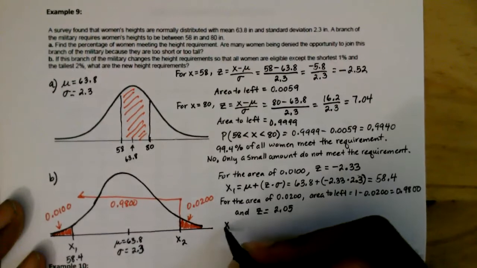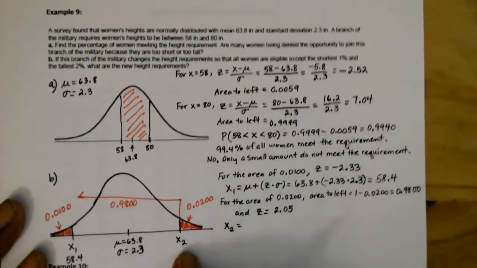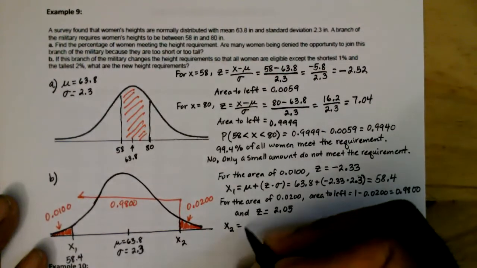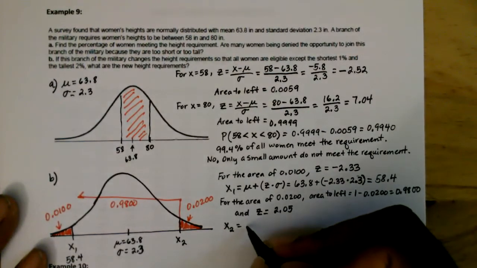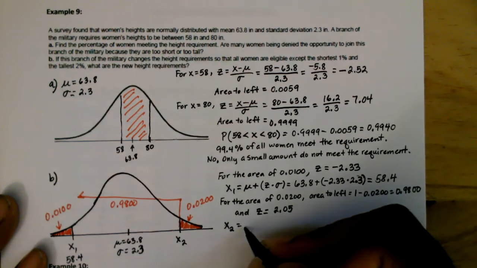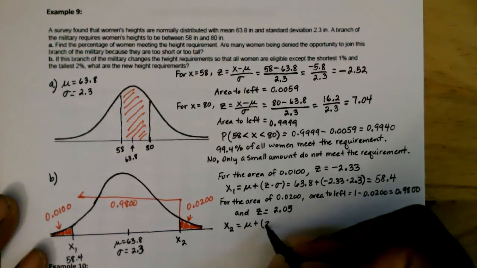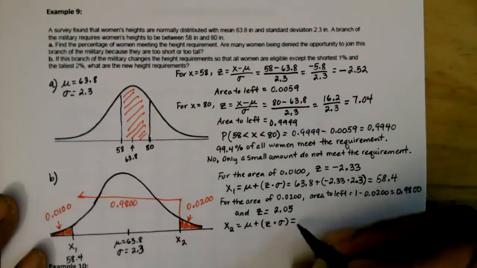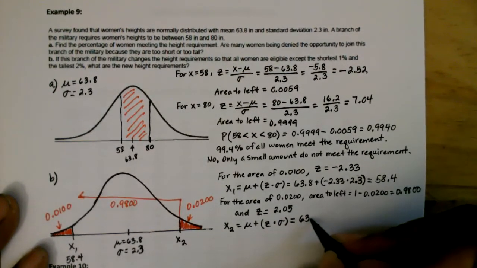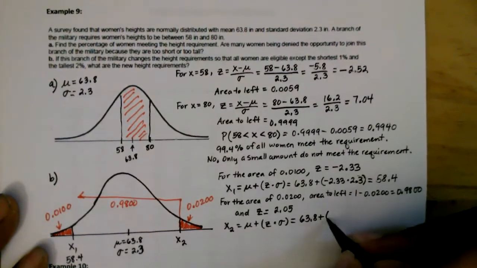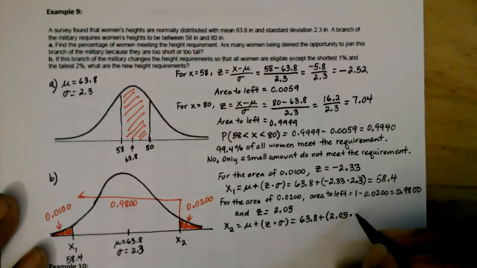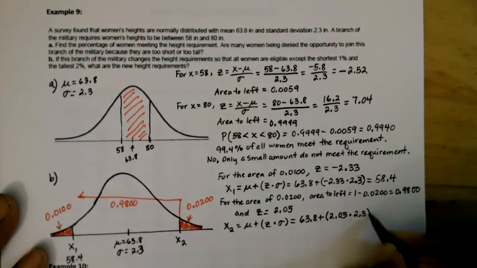So now to find X2, which is this boundary value there, we're going to use mu plus Z times sigma. Your mu is 63.8 plus Z is 2.05 times the standard deviation of 2.3.